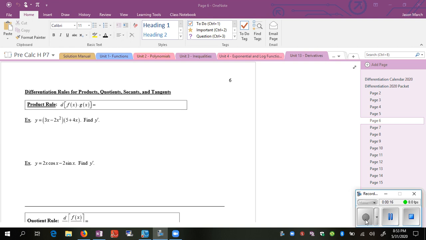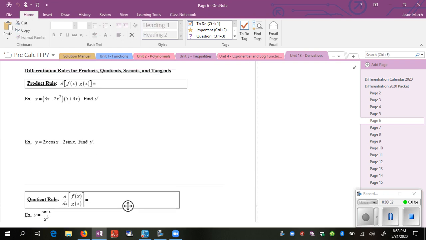So if I take the derivative, so D here is the notation for derivative, combined with function notation, if I take the derivative of f of x times g of x, and actually I guess it should say d/dx, that's the notation that should be there.